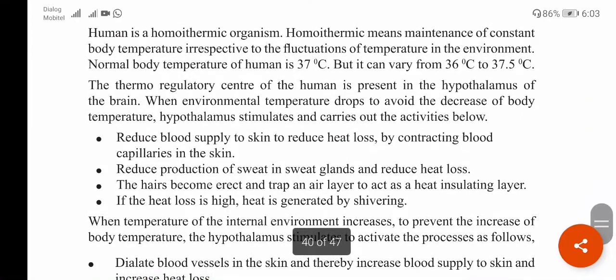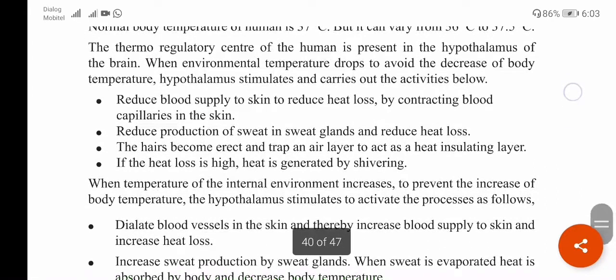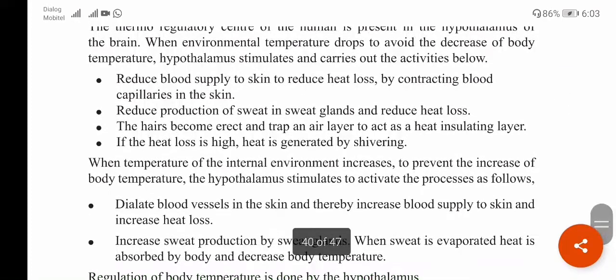Normally, when the environmental temperature drops, the hypothalamus will be stimulated to avoid the decrease of body temperature and carries out the following activities. At first, it reduces the blood supply to the skin by contracting the blood vessels or capillaries in the skin, reducing heat loss. Then it reduces the production of sweat in sweat glands.